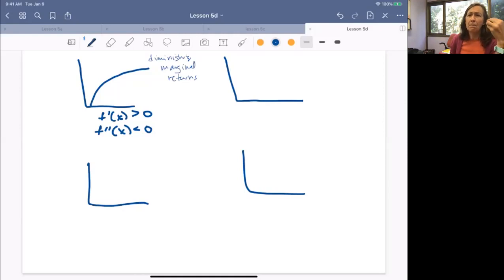Functions that are increasing but have a negative second derivative get used to represent lots of kinds of benefits or utility functions. We might think there's diminishing marginal productivity. The first hour that I spend working on something is maybe more productive than the 10th hour because I'm getting tired. Or the second piece of pizza doesn't taste as good as the first one because you're not quite as hungry.